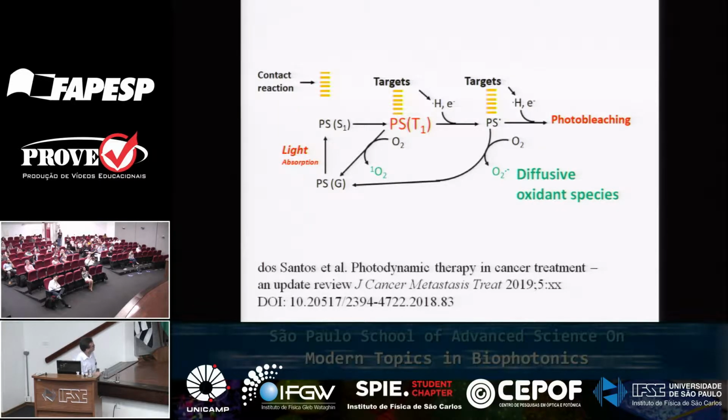Sometimes this causes photobleaching. There are other mechanisms to form reactive oxygen species. You have quenching from the triplet forming singlet oxygen. You quench the radical anion, or the semi-reduced radical, forming superoxide anion radical. So many possibilities here, always using light to do the reaction.